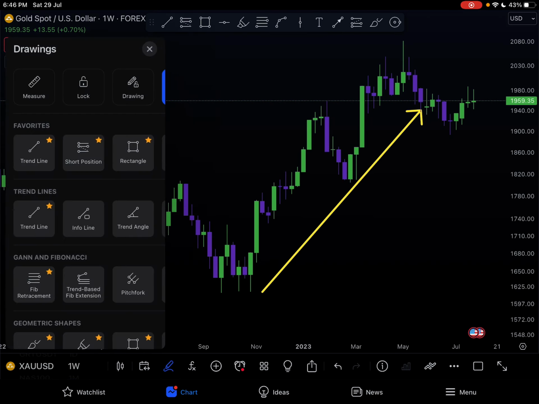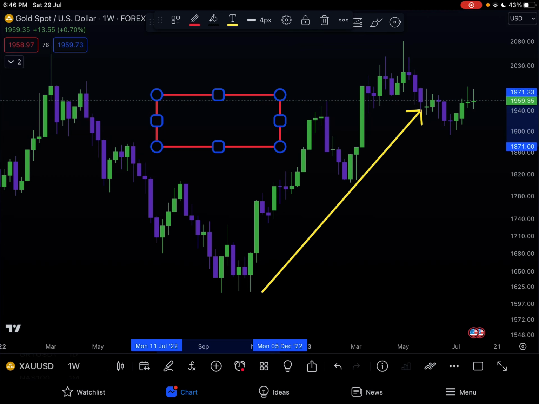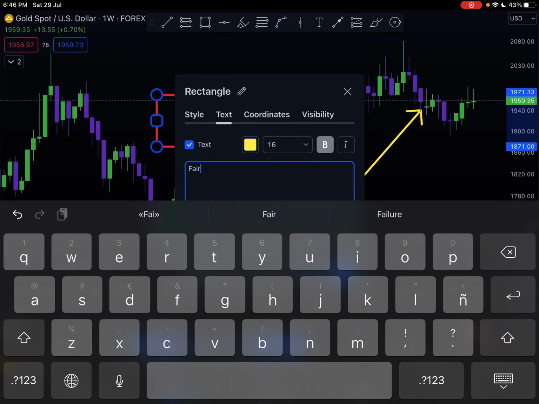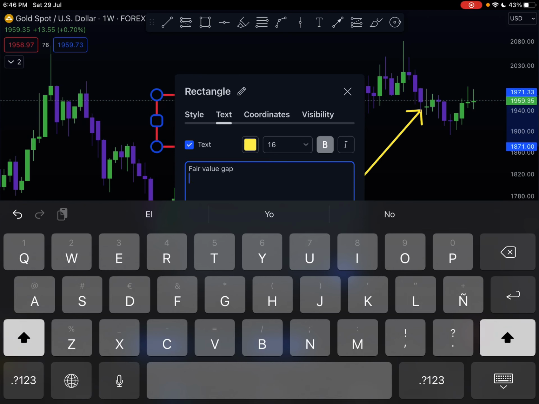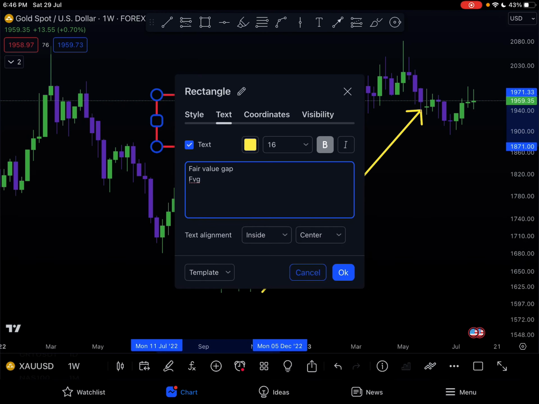For those who are just joining, or brand new to the concept, a fair value gap. If you've ever seen any of my charts or other people's charts that might use the same concept, it's very widely known.